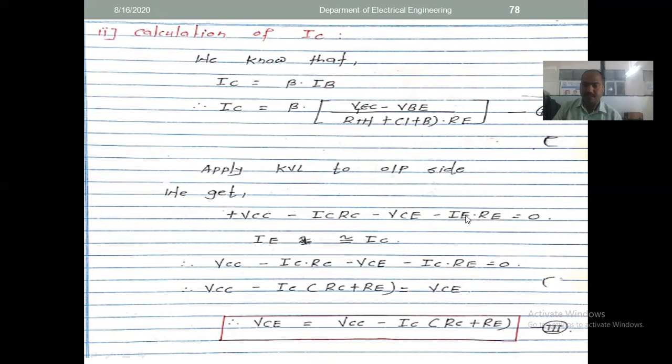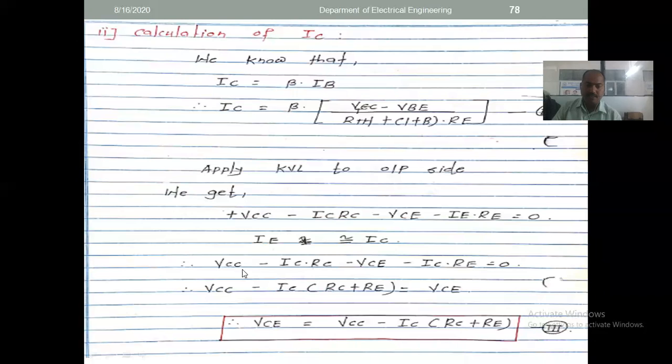We have seen that I is nearly equal to IC, because the IB value is very small. So wherever I is coming, we put IC. So plus VCC minus IC into RC minus VC minus IC into RE equals 0.